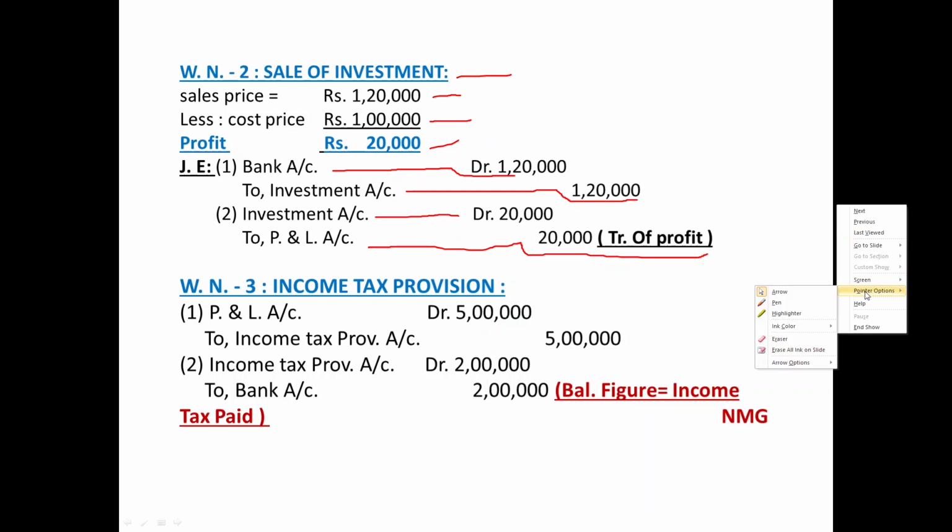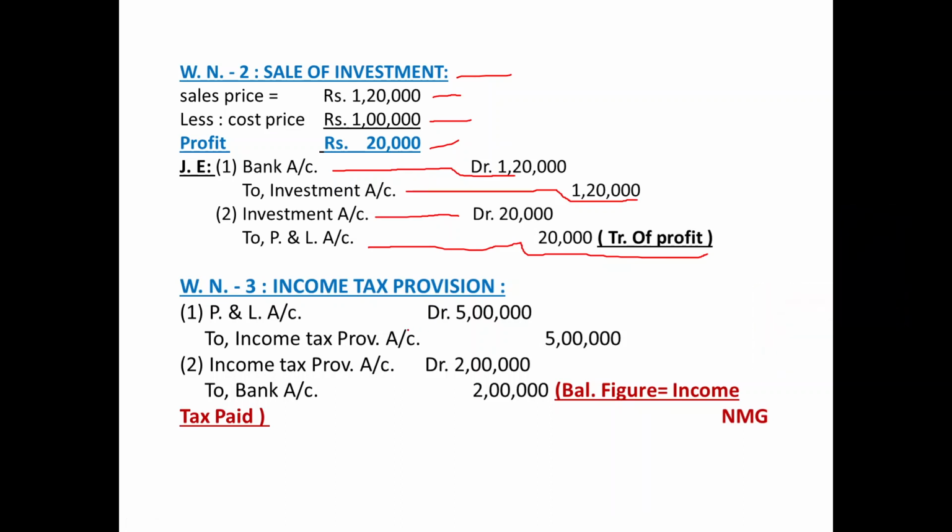Number 3, income tax provision. First journal entry for the provision made in the current year. Profit and loss account debited rupees 5 lakh to income tax provision account credited rupees 5 lakh. While the second journal entry for the balancing figure of rupees 2 lakh.